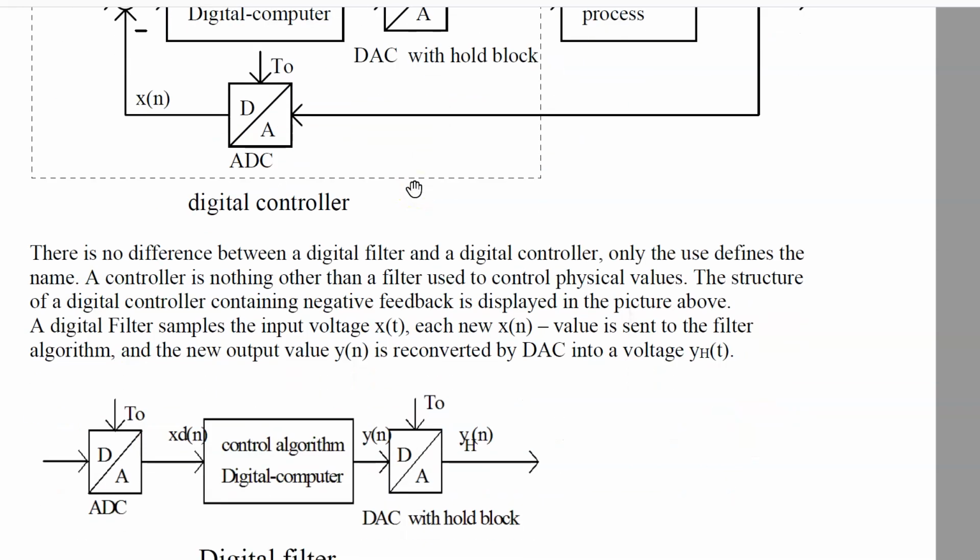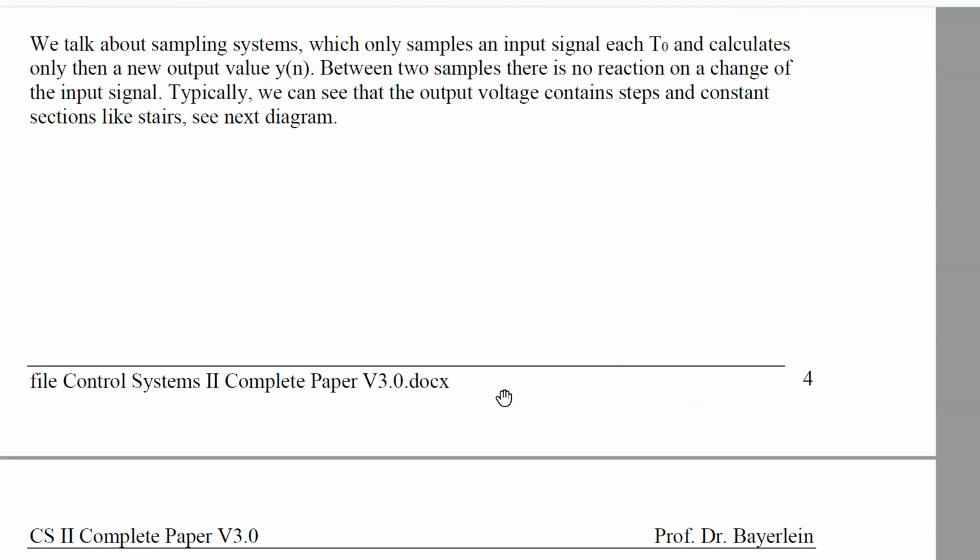The same is with digital filters. Digital filters sample the input signal with a sampling time T sub O and give every T sub O a new output value. To show you what this means in the signals, look at the next page.